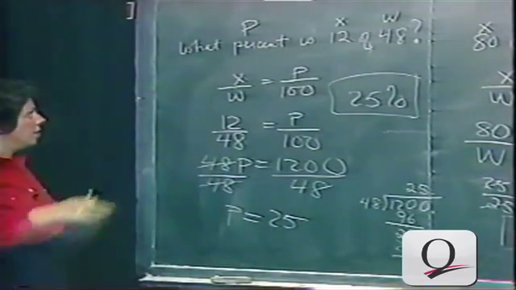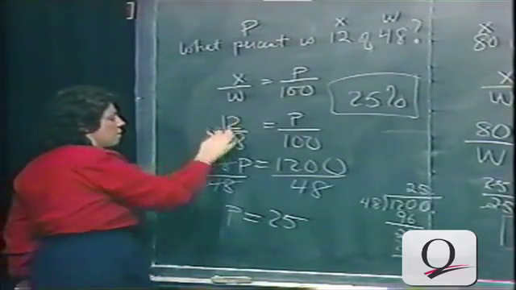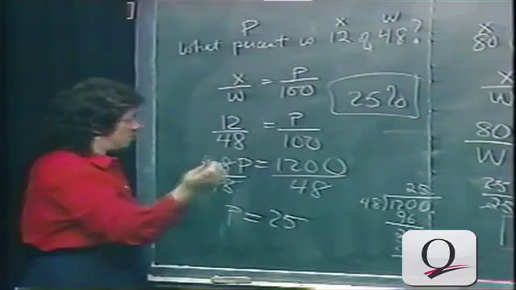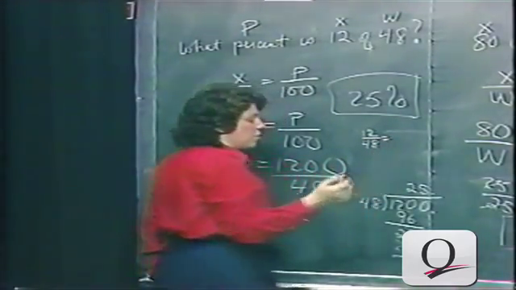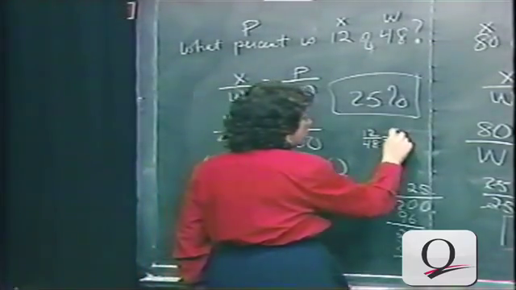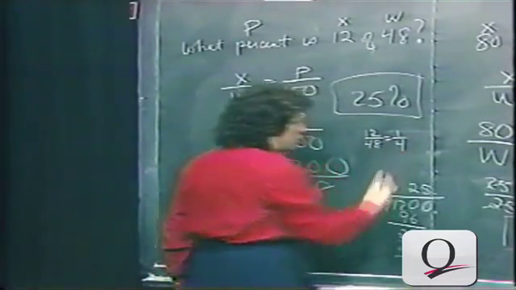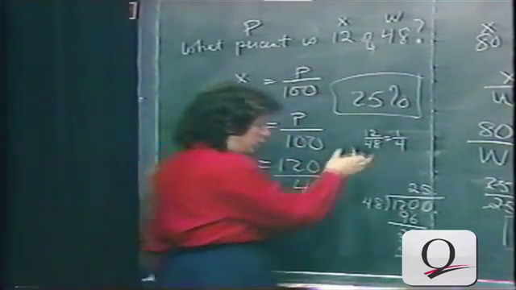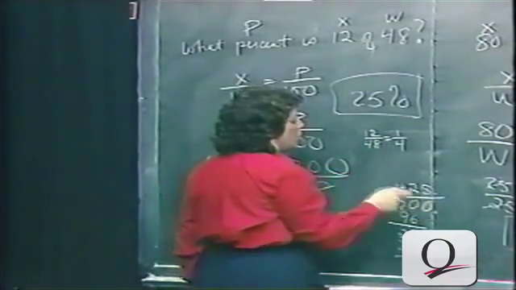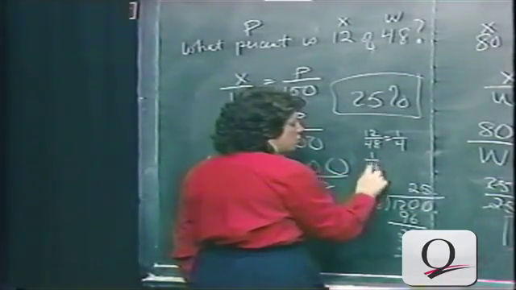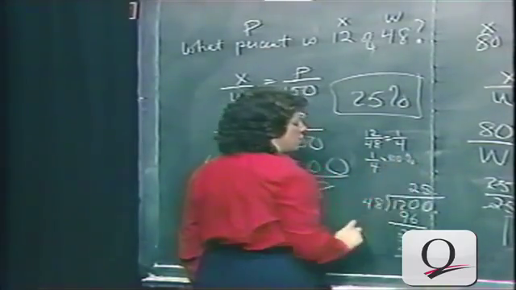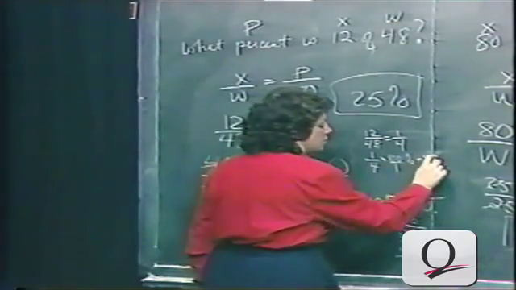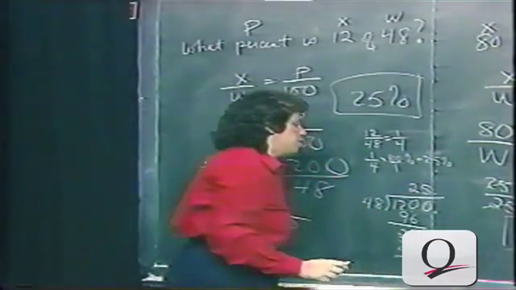Of course, it would have been a lot easier to simply say 12 over 48 is to be expressed as a percent. We first write it as a fraction, reduce it to lowest terms, and to change that fraction to a percent, we multiply by 100 and add the percent sign, giving the same answer of 25%.